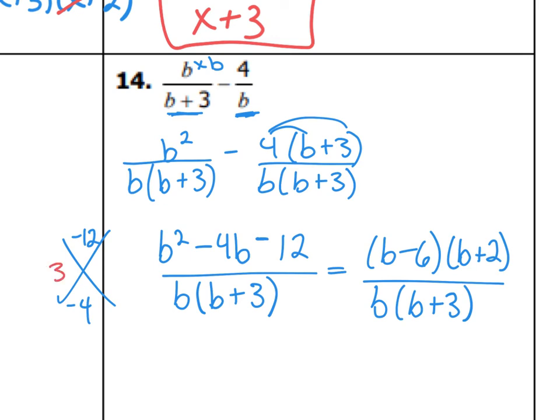Why is that not working? Okay, sometimes you will have that, all right? Sometimes you will have it where it won't simplify, but it is always good to go back and check and just make sure, okay?